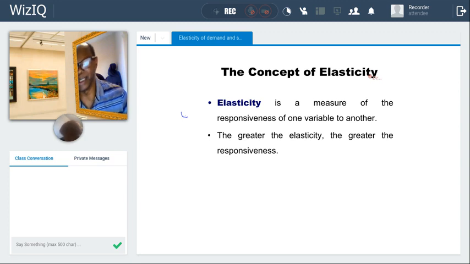It means people will change the amount they buy. For example, if we increase the price, they are going to reduce the quantity that they purchase. If we reduce the price, the quantity they will buy is going to increase. Remember?